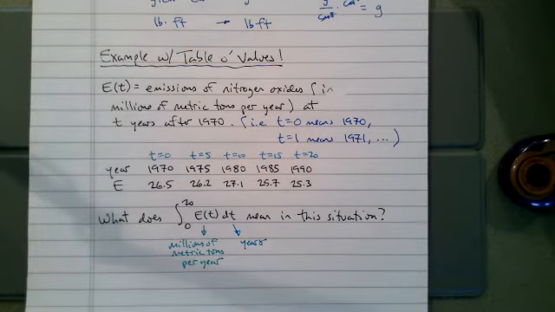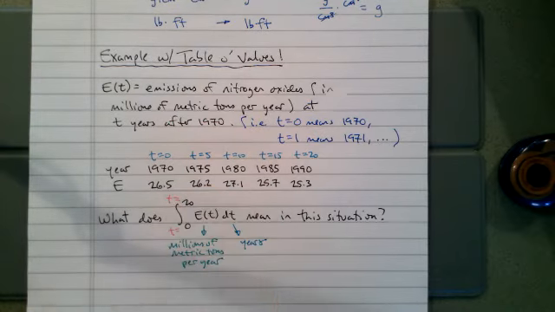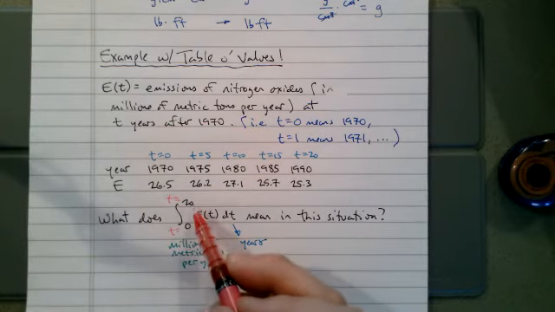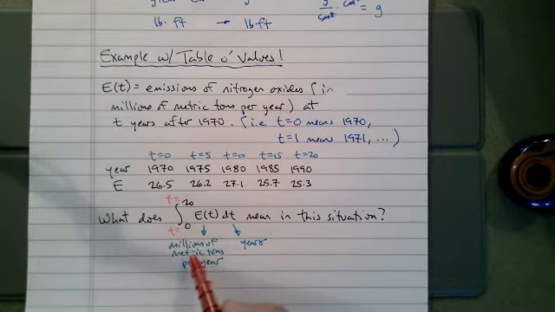And we're going from t equals 0 to t equals 20, so from 1970 to 1990. So from 1970 to 1990, we'll have the millions of metric tons. And that's it, because the years cancel.